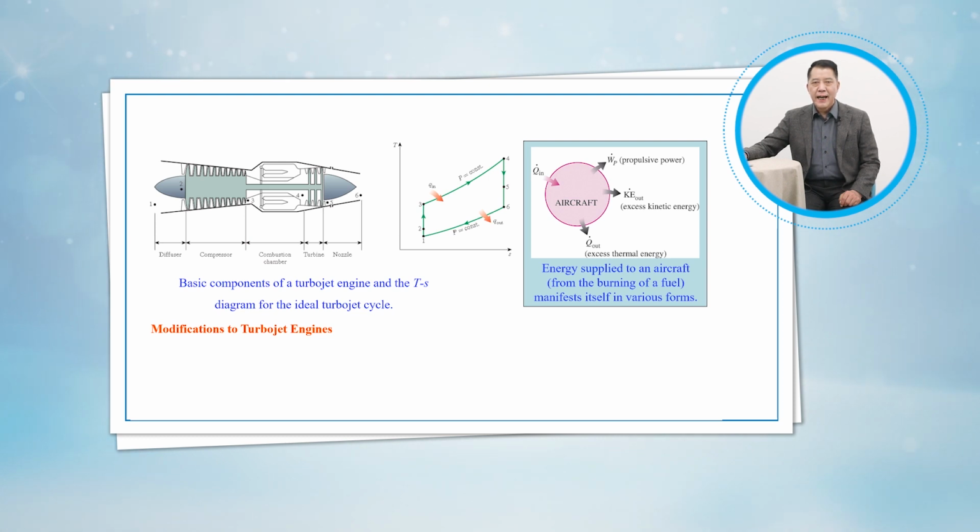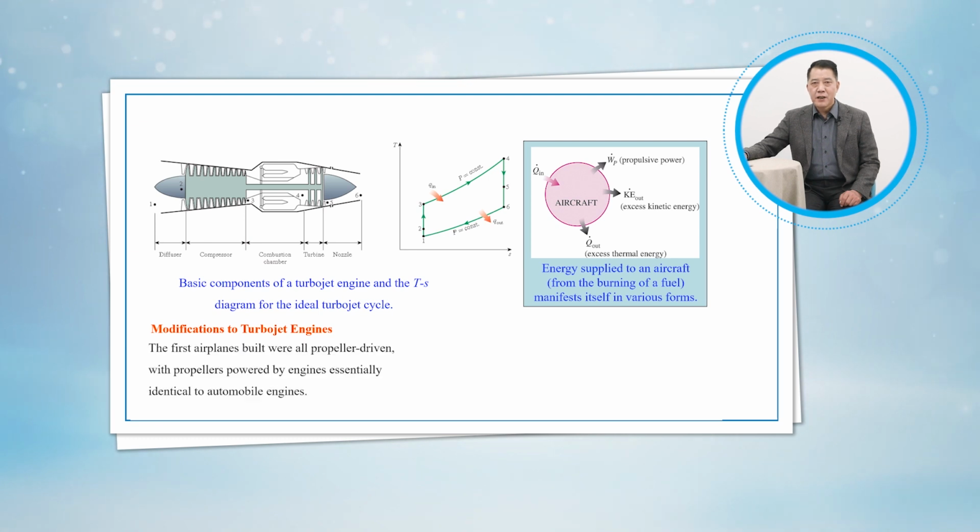Notice that for the highest propulsion efficiency, the velocity of the exhaust gases relative to the ground should be 0. That is, the exhaust gases should leave the nozzle at the velocity of the aircraft. The remainder of the energy shows up as an increase in enthalpy of the gases leaving the engine. These last two forms of energy eventually become part of the internal energy of the atmospheric air.